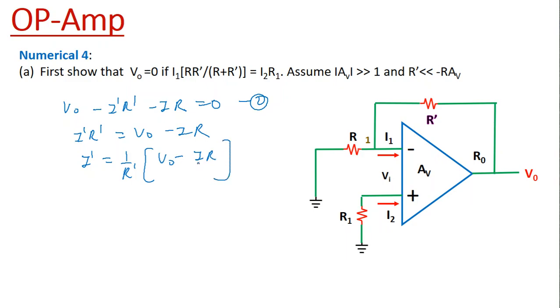Now we put the value of I here. Since R is already in the denominator of I's equation, this R and that R will cancel out, and we get I dash is equal to 1 upon R dash VO minus VO upon AV plus I2 R1.